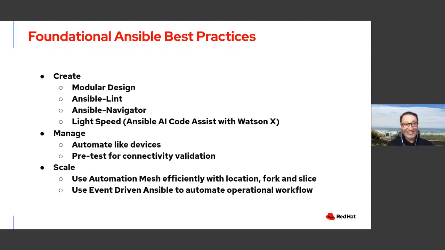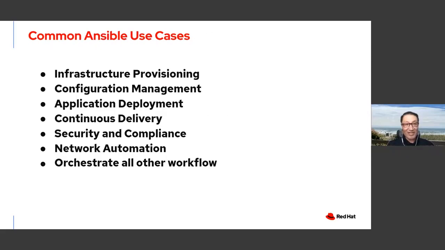So those are all the best practices for now. And some of the use cases that we have, these are some of the common use cases. This is not limited. I feel like Ansible can pretty much do anything that human touch can do, right? So infrastructure provisioning, you can obviously create VMs in Azure, Amazon, your own on-prem cloud.